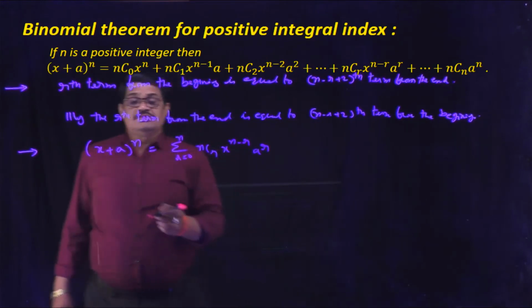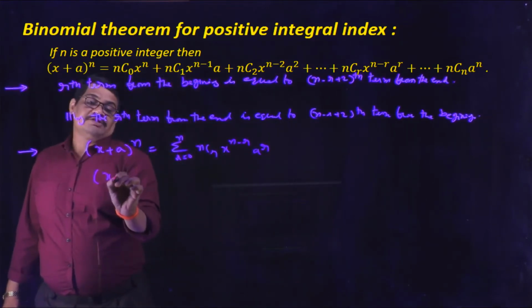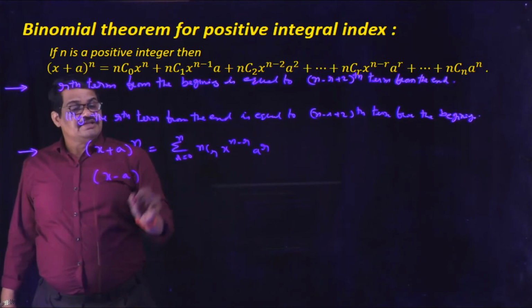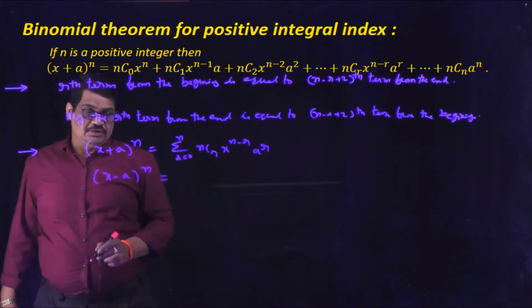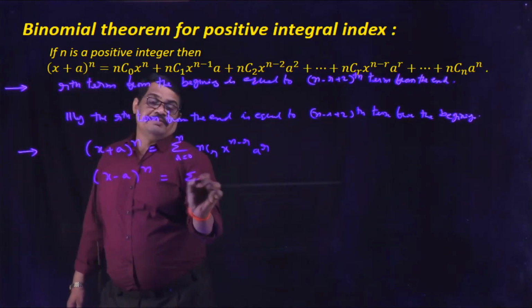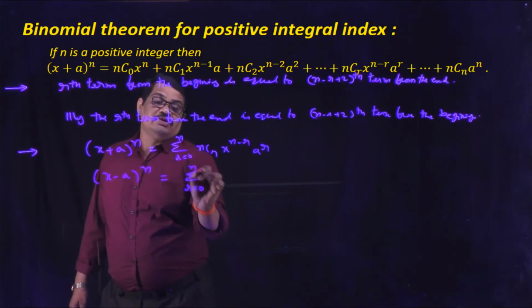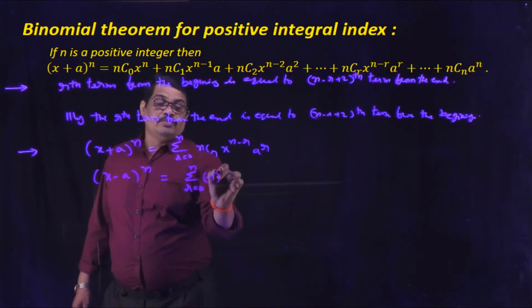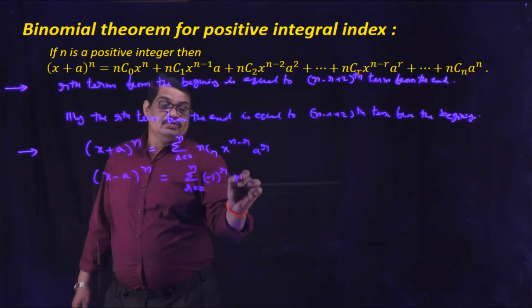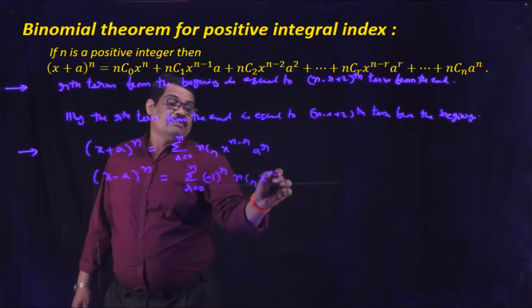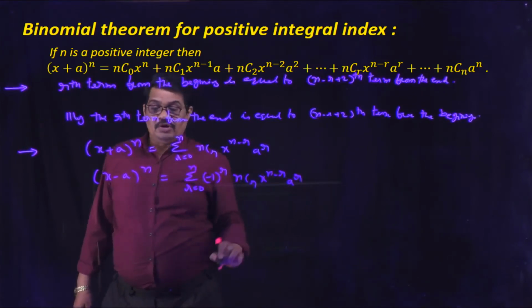Similarly, we express x minus a whole to the power of n as sigma r equal to 0 to n of minus 1 to the power of r into nCr x power n minus r a to the power of r.